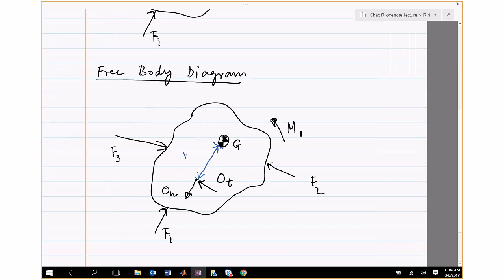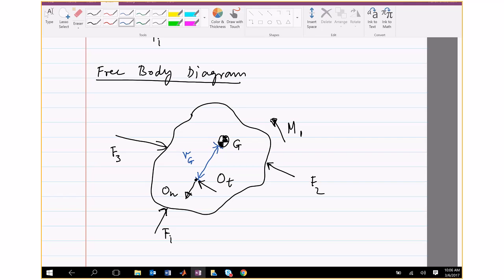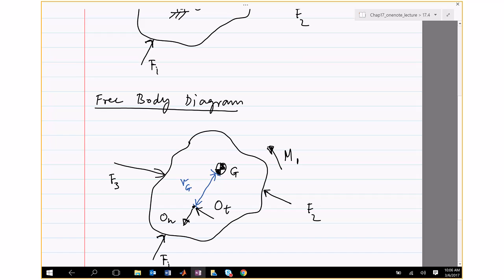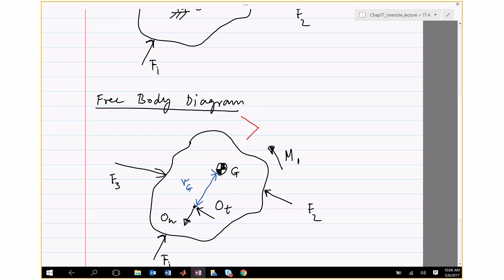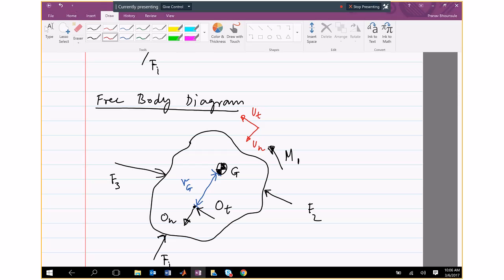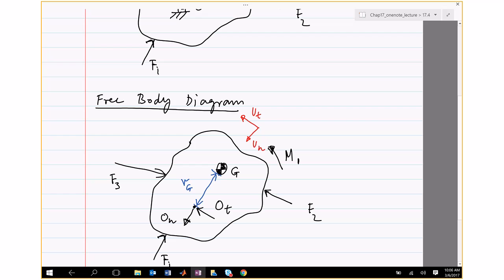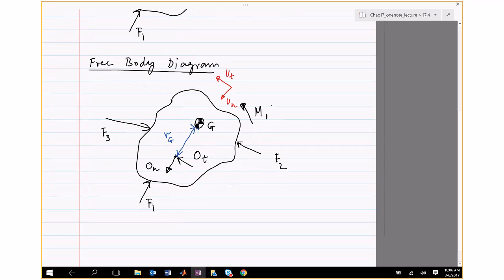Let the distance between point O and G be RG, and the coordinate frame, as I mentioned earlier, is going to be UN and UT. Any questions on that?